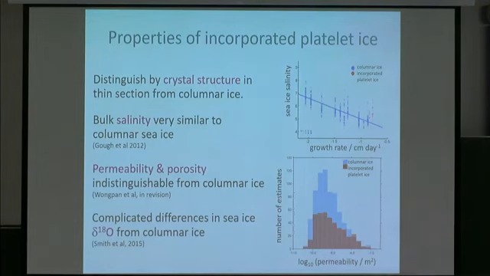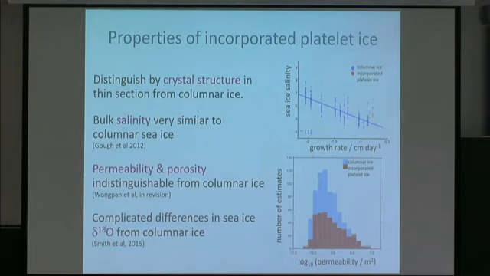Now, if we're going to be measuring something remotely, we need to have a property to measure. And incorporated platelet ice, this platelet ice once it's frozen in place, is not a good candidate. It's not a good candidate because while it's very different from columnar sea ice when you look at the crystal structure, the salinity of incorporated platelet ice is just like the salinity of columnar ice.